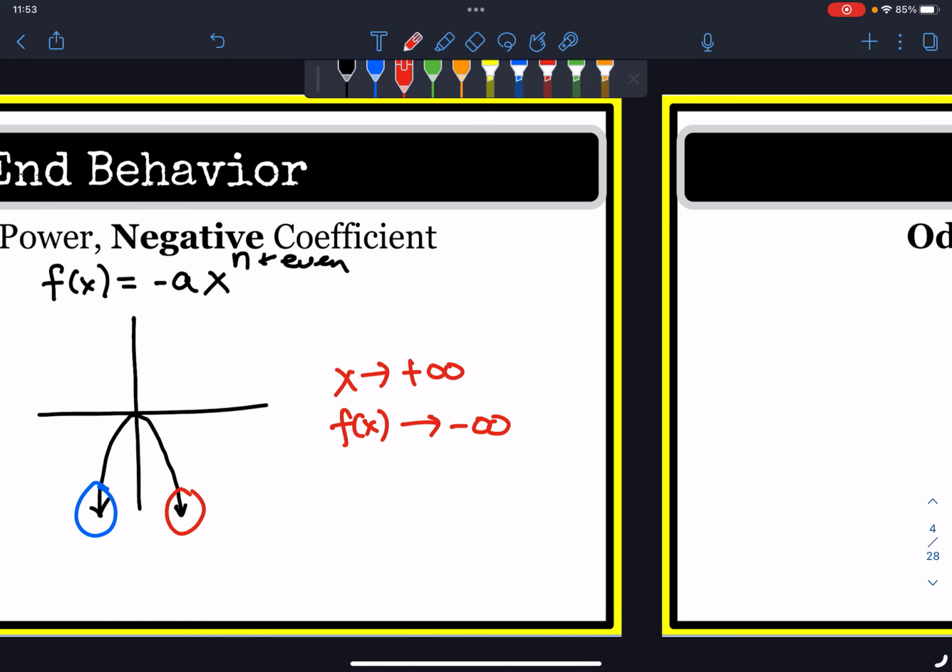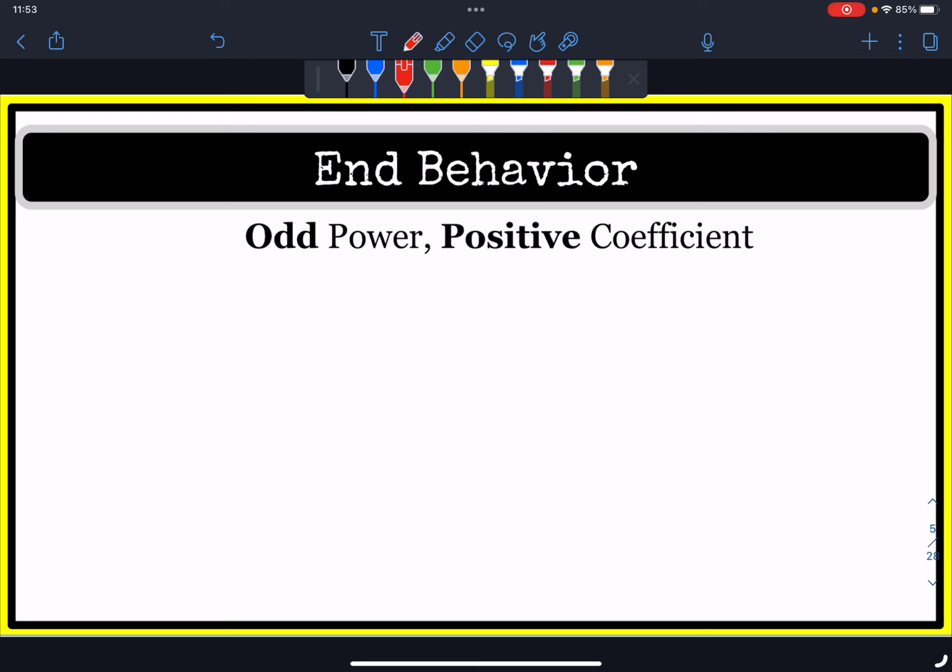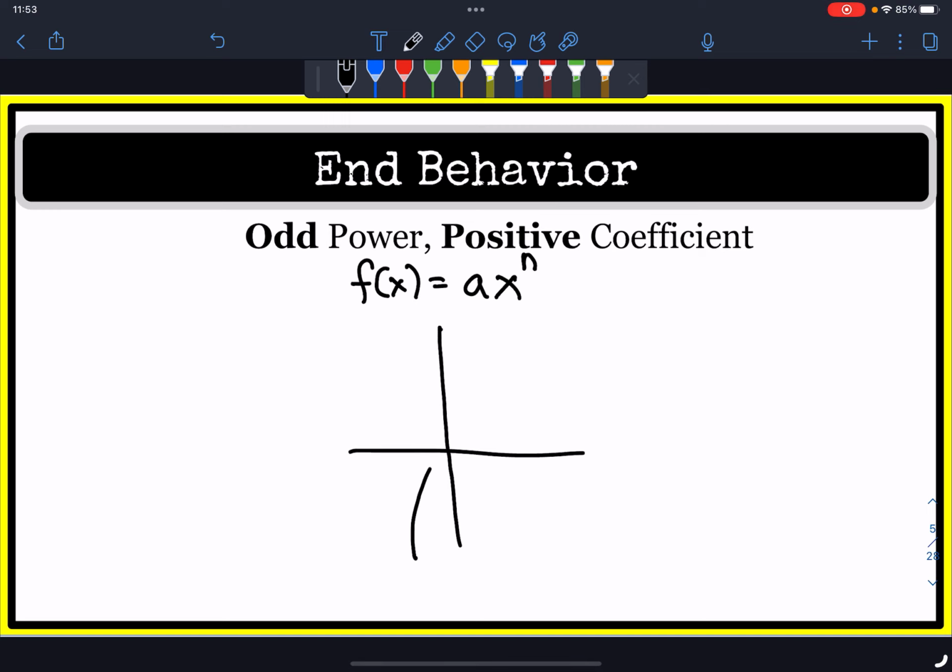Now, if we have an odd power, then those functions are going to behave the same way. So let's write again f of x is equal to a positive coefficient times x, and we're going to raise it to an odd number this time. Well, those functions are going to behave again like the cubic function, where we're going to increase from left to right and have it be symmetrical to the origin.